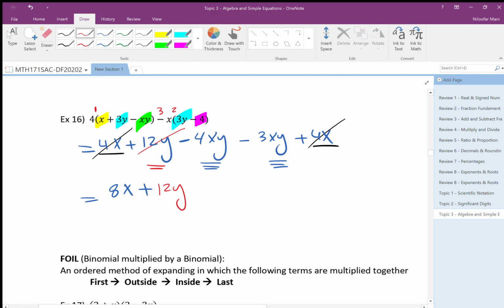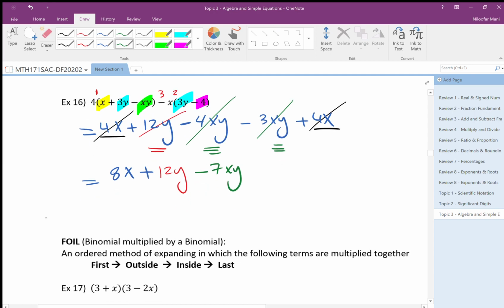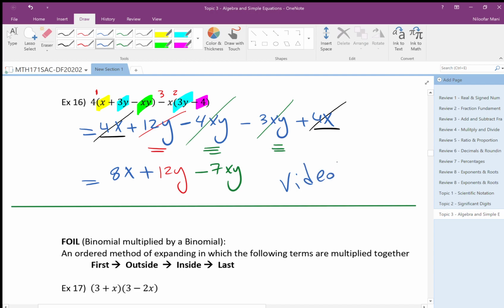The other one is minus 4xy, so maybe I change this to green. So here, minus 7xy, these together. Okay, so I stop here, and then I continue after.